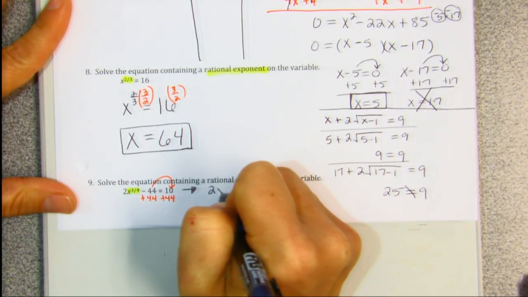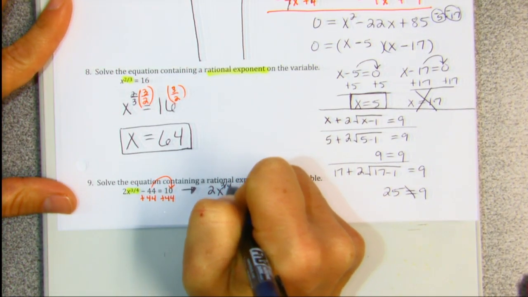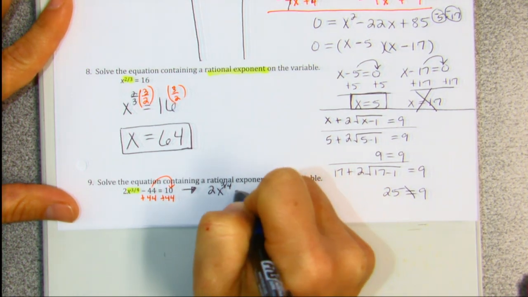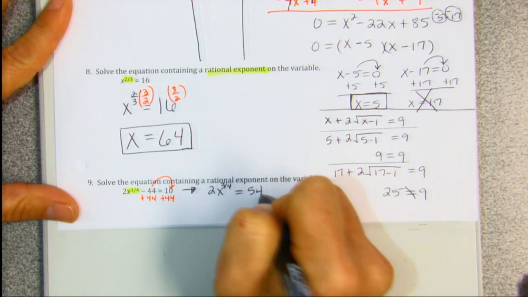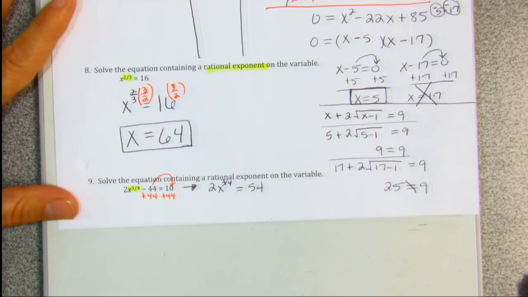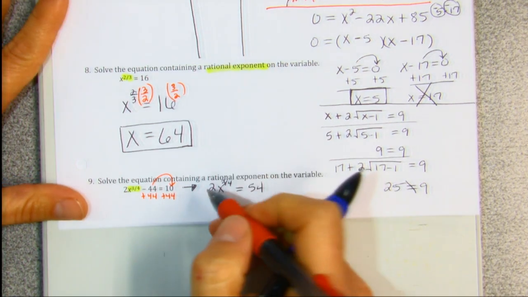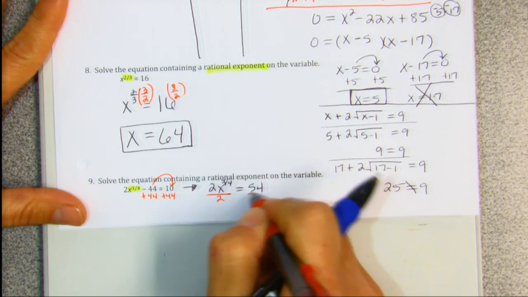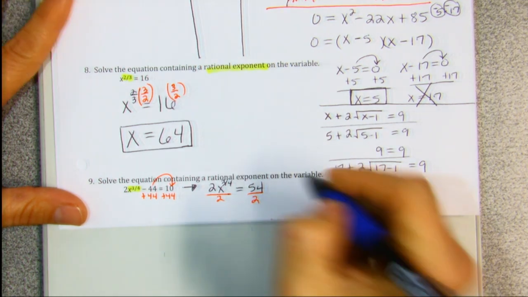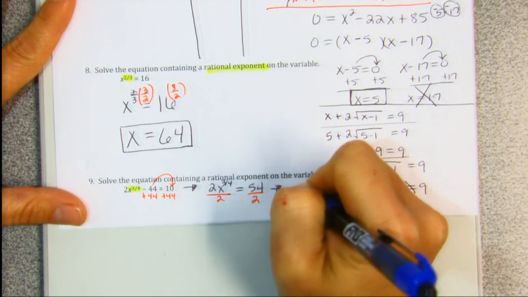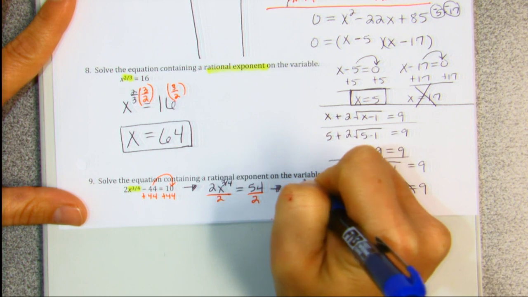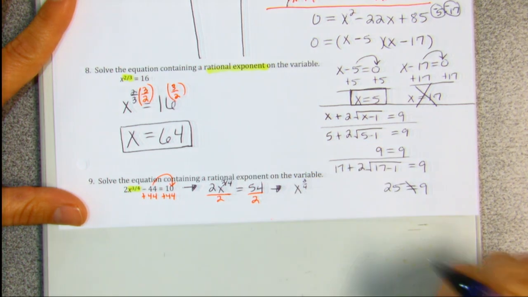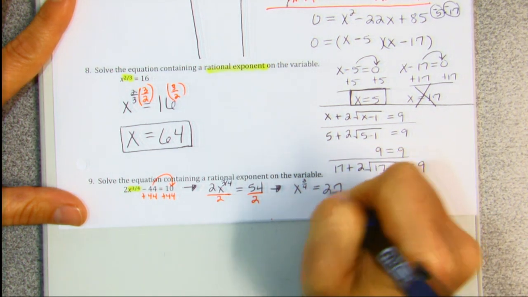So 2x to the 3/4 power equals 54. And then to get that x by itself, I'm still just dividing by 2, so kind of ignore the fact that it has a weird exponent. So x to the 3/4 power equals 27.